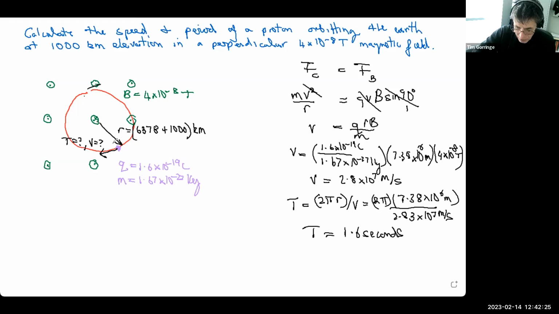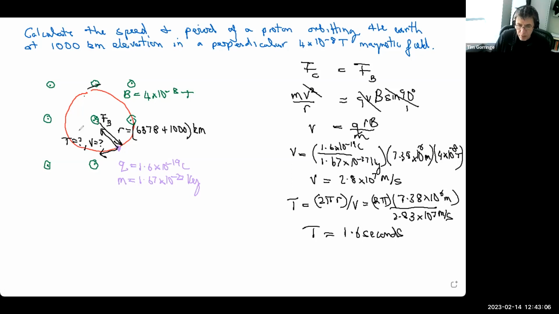And if I do that, and then I curl my fingers out of the screen, that's the direction of the magnetic field. My thumb will point in the direction of the magnetic force. So I'm pointing the palm of my hand towards the left, I'm curling my fingers upwards out of the screen. My thumb is indicating that the magnetic force, FB, is towards the center of the circle. So it is indeed acting as a centripetal force, holding the particle in a circular path.